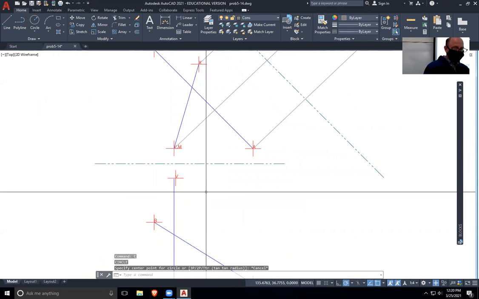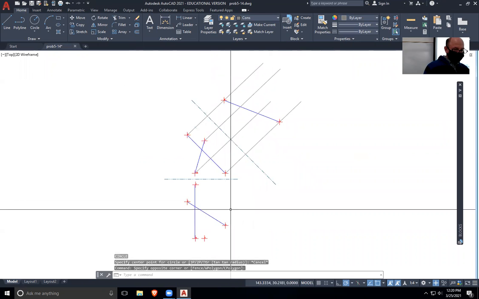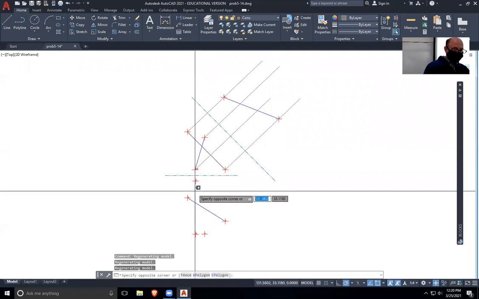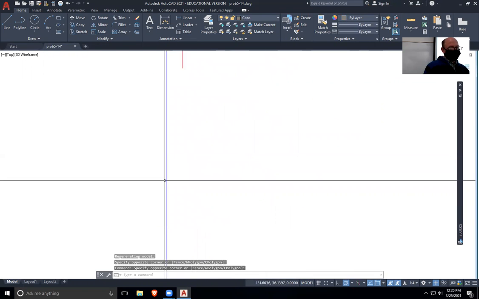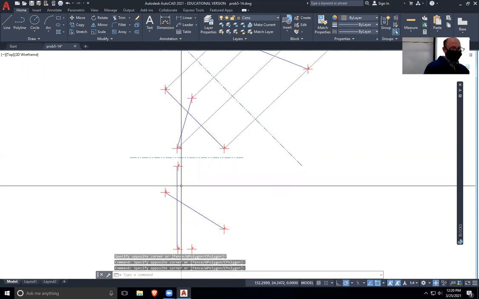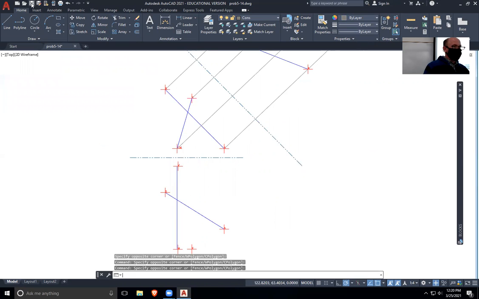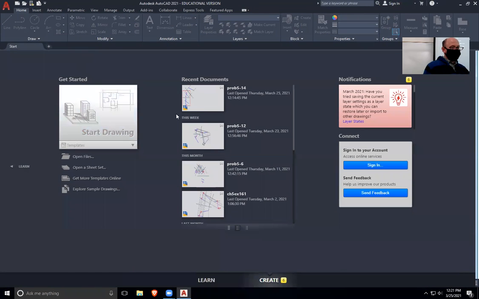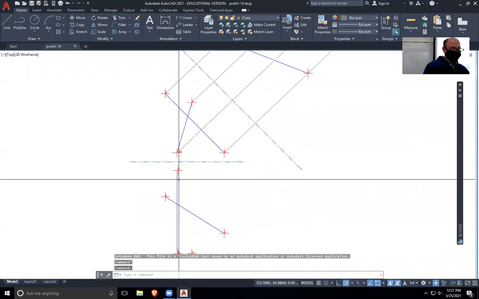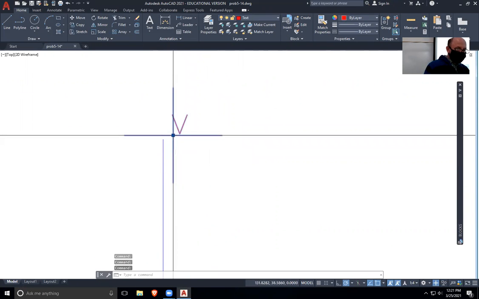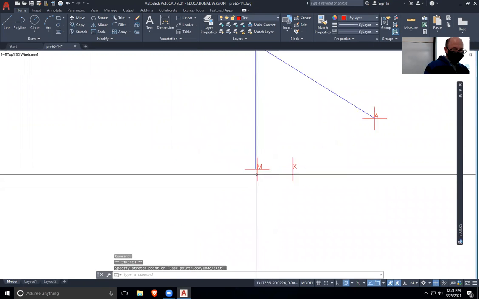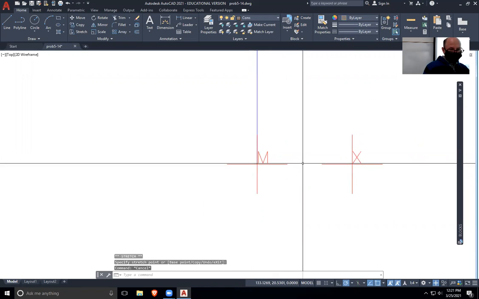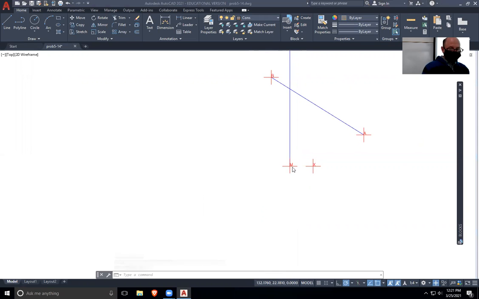I can't select that. Okay, so now I can draw some circles.